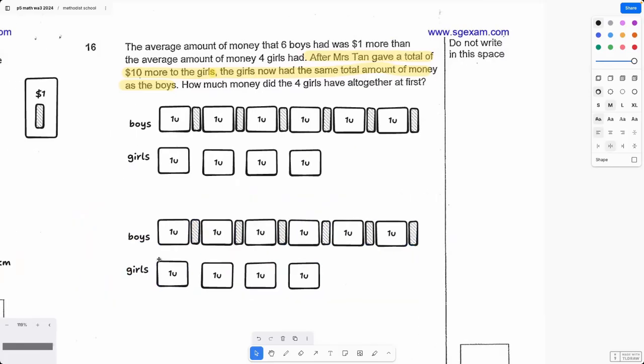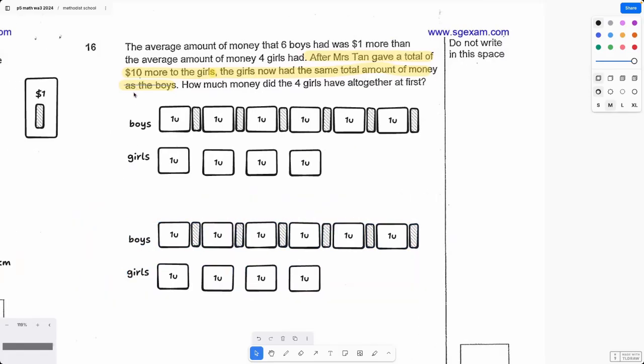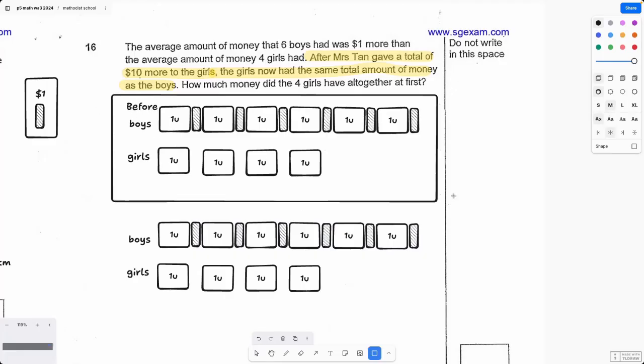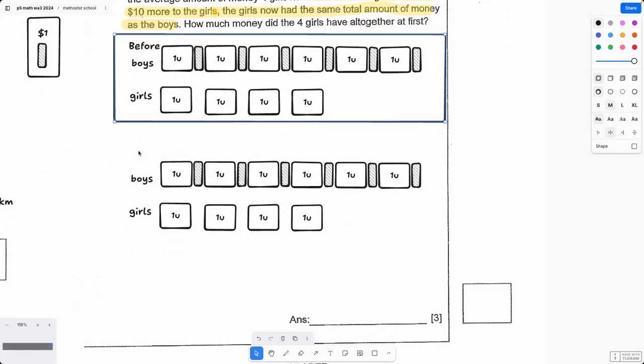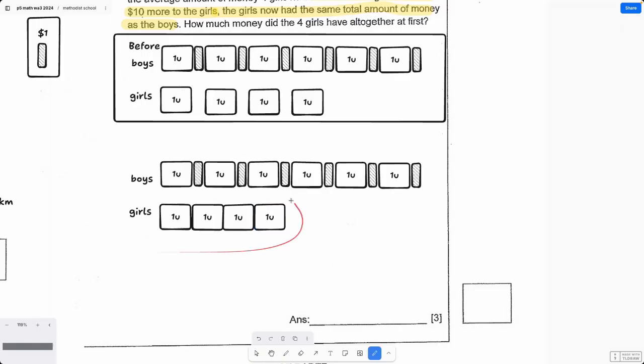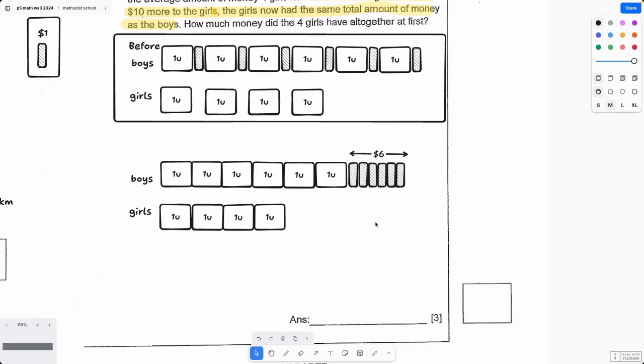I'm going to put a rectangle just to say this. So for the after, if I were to rearrange this, I'm going to put this beside each other like this. So 1 unit. Now the girls will look something like this, 4 units. And I'm going to arrange all the dollars to the right side and all the units to the left side. So it looks something like this.